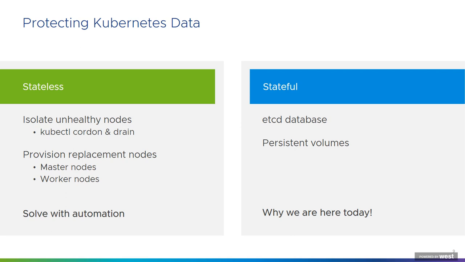And similarly to this approach for replacing nodes, we think that you should focus on automation for creating new clusters as well. One area of interesting development in this space is the work that's going on in the upstream Kubernetes community around the cluster API. And this is an effort to introduce a Kubernetes-style declarative API for provisioning new Kubernetes clusters themselves.